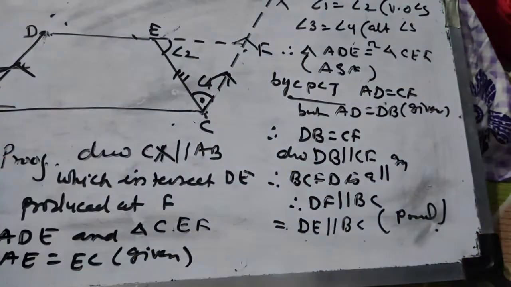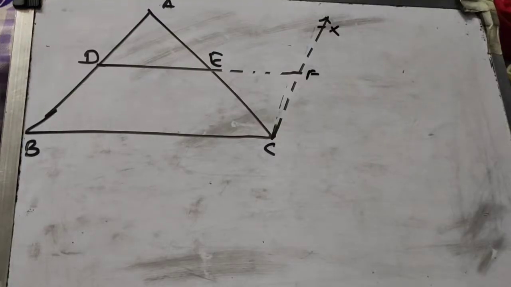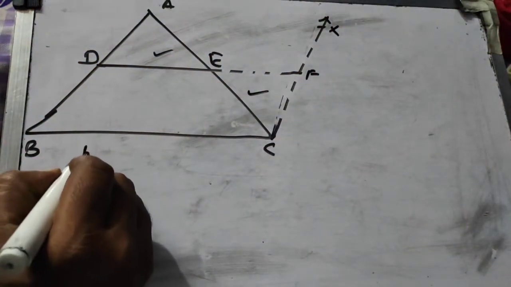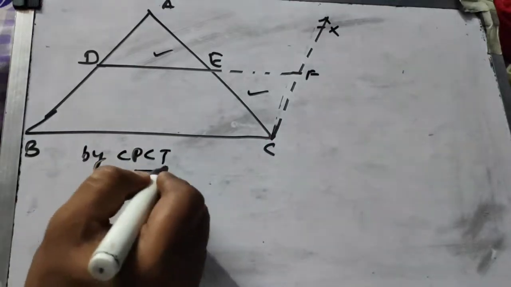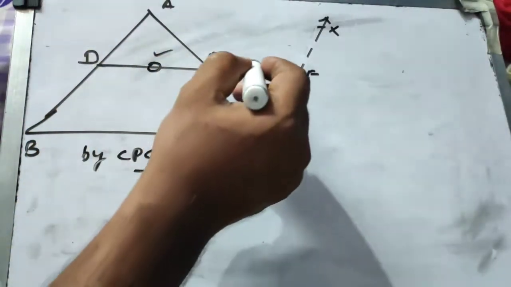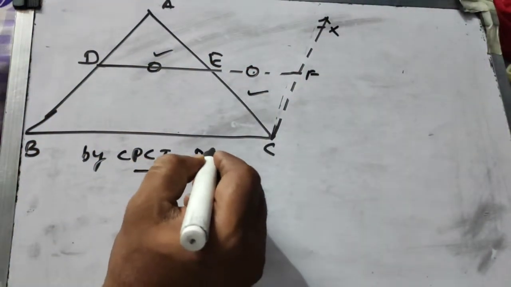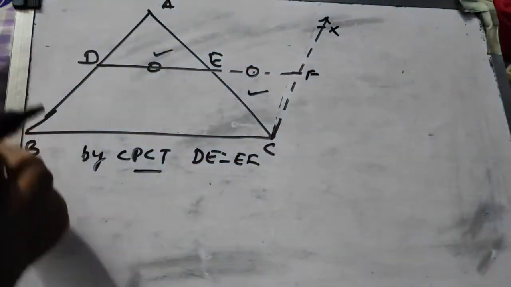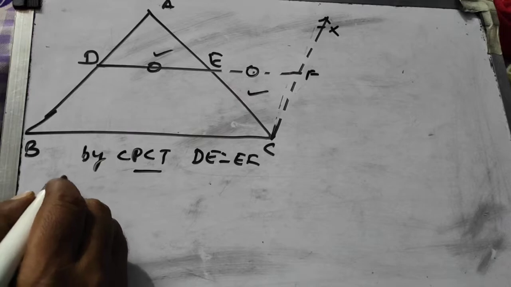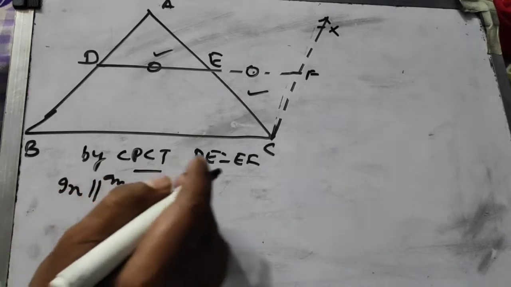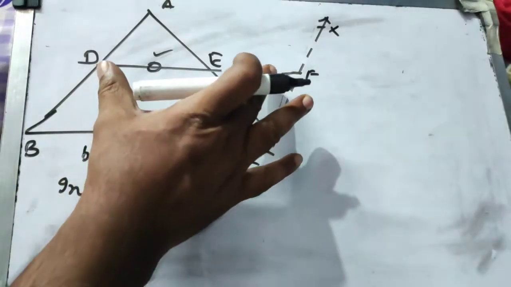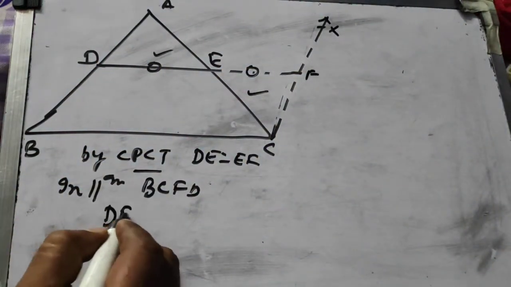Now we are going to prove how DE will be half of BC. Already we have made this triangle congruent to this one. So by CPCT, we can say that the length of DE is equal to EF. So we'll write DE is equal to EF. And as now we have proved that this figure is a parallelogram, we'll write in parallelogram BCFD, opposite sides are equal, so DF will be equal to BC.